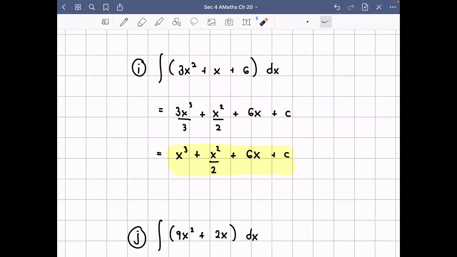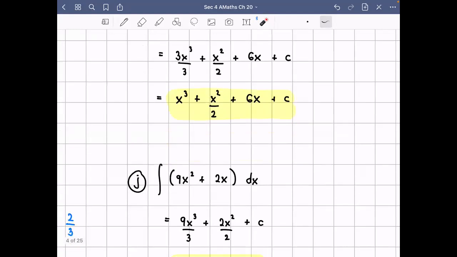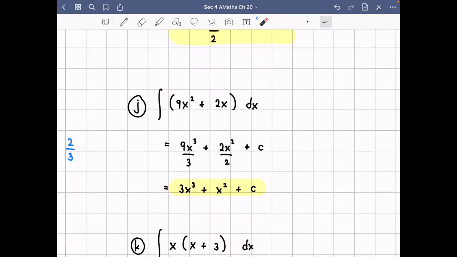Now this is my last example for today, so let's finish at letter J. For letter J, we get the antiderivative of 9x squared plus 2x. We get the antiderivative of each term.